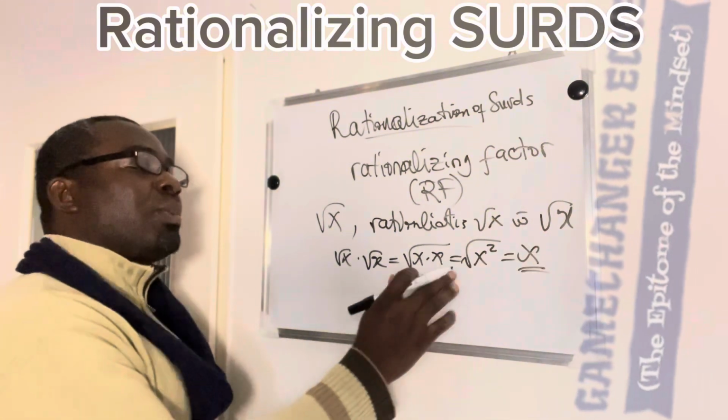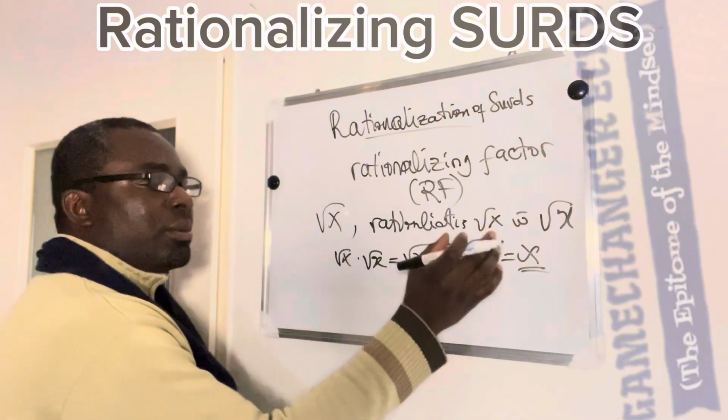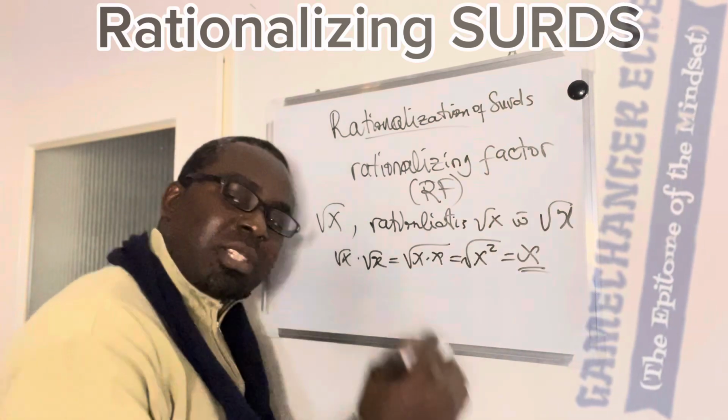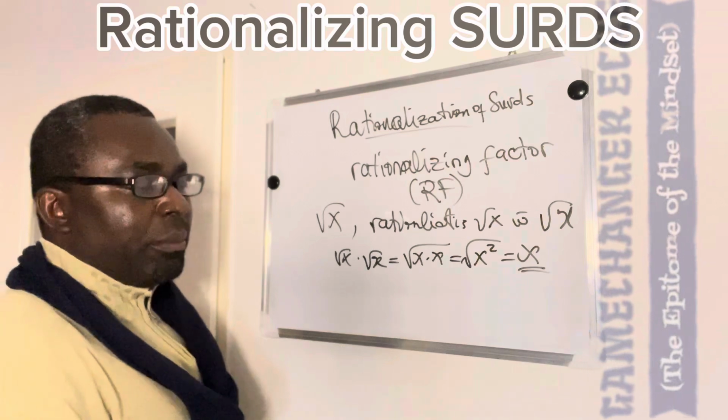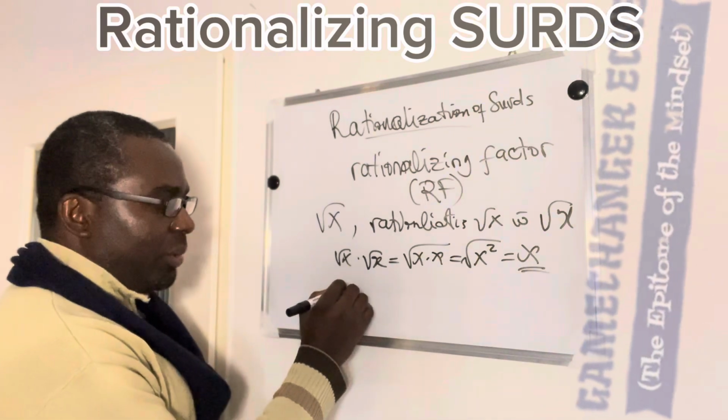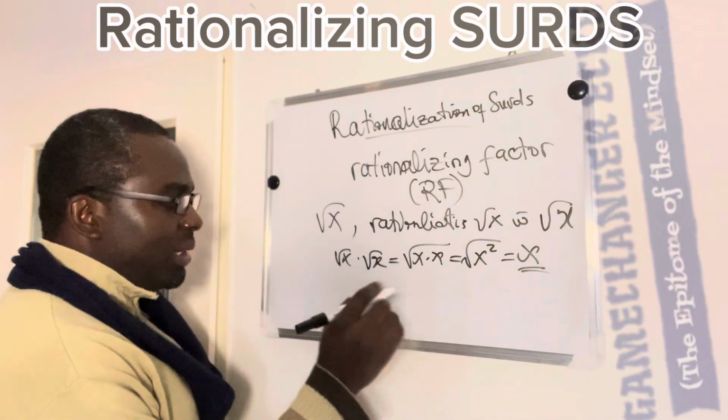So we see now that we have rationalized root x with root x by multiplying both, and that is why we have just an x.